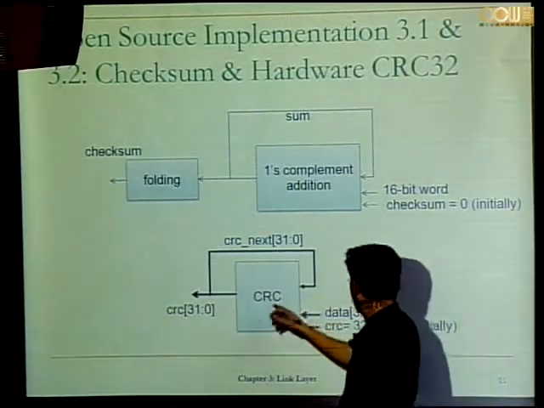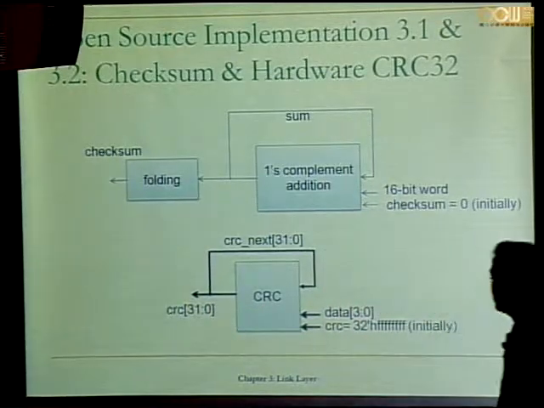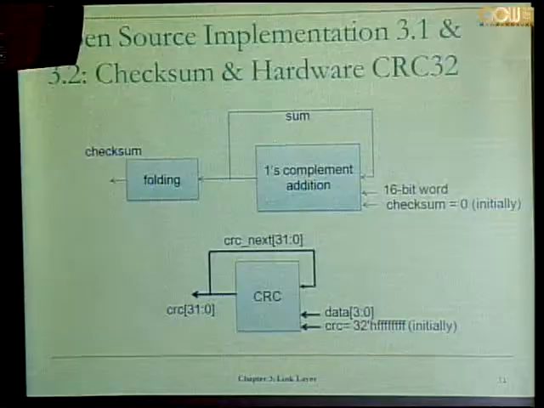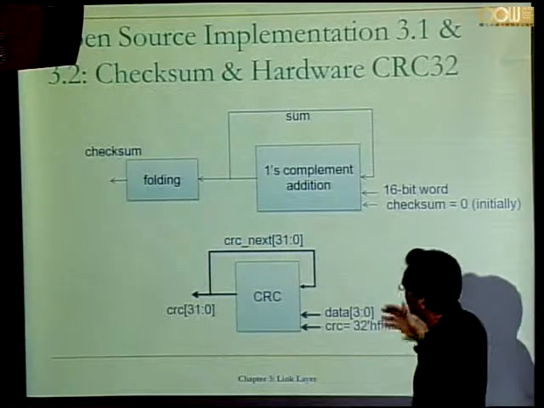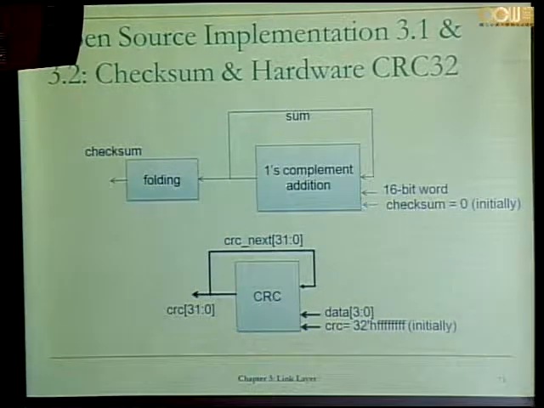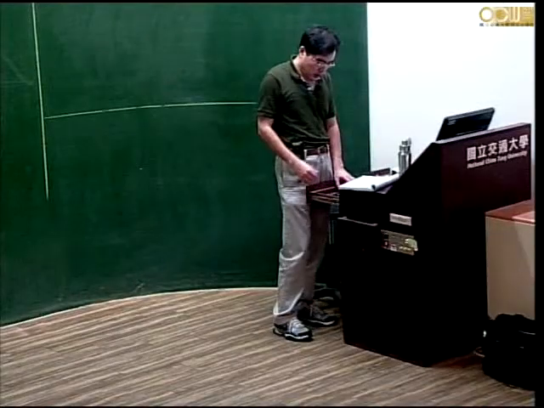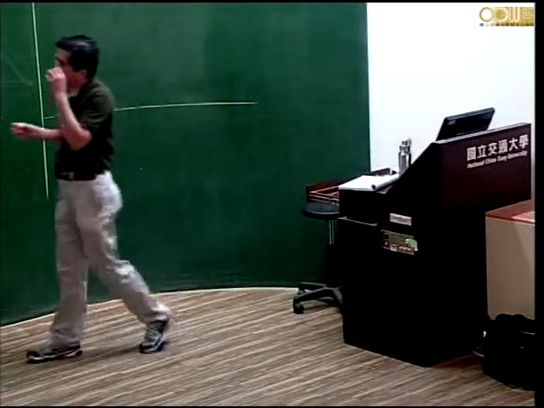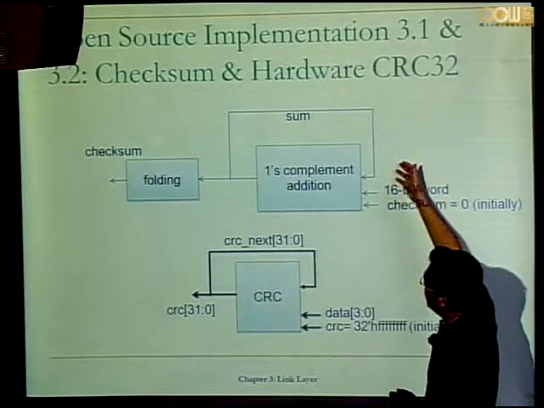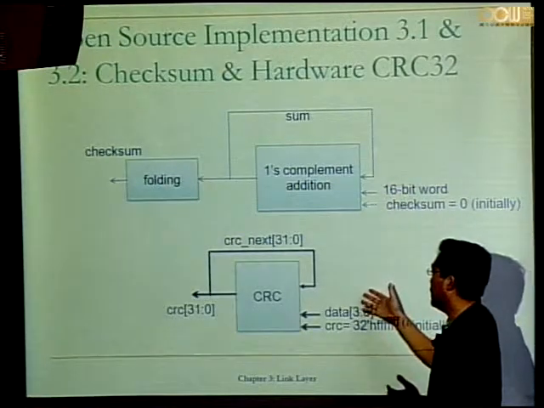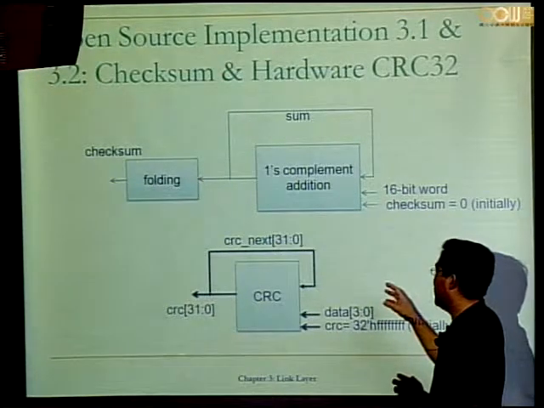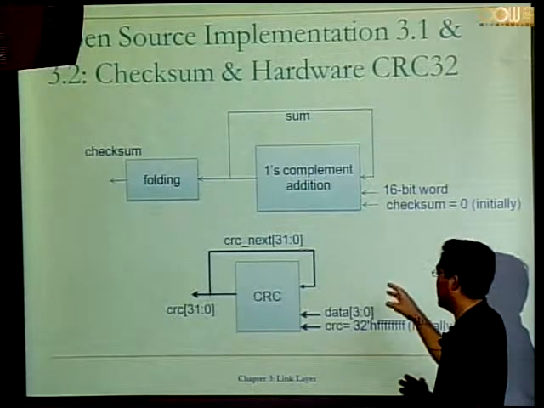So you do exclusive OR, shift, exclusive OR, shift, exclusive OR, shift, and then you get a result. In these two open source implementations, we show the C code drawn from an RFC. And here we don't show the actual Verilog code, but it's there in a .v file, because it's a Verilog program.